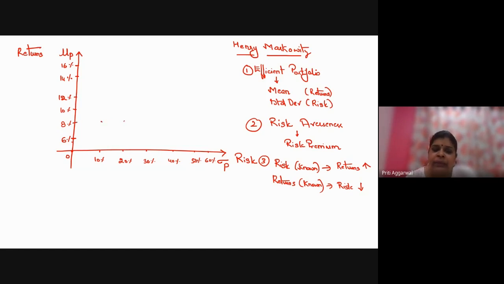Now, friends, for every level, I will be having a number of portfolios that I can develop, right? So let's say for an 8% return, I have A, B, C, and D portfolios with me, right? And at 10% returns, there are P, Q, R, and S portfolios that are available, right? And then for 12%, we have N, O portfolios.